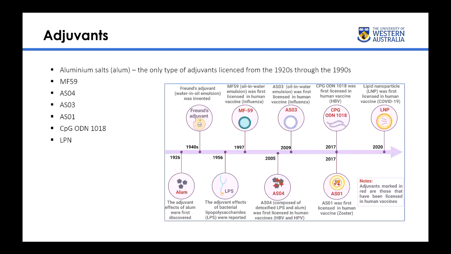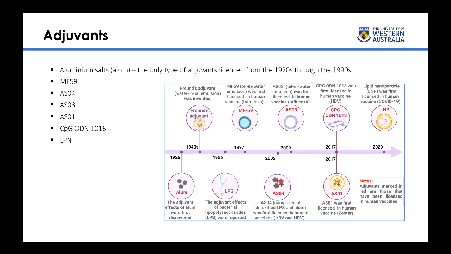In terms of history, aluminum adjuvants were used for more than 80 years. They have a very long history, almost 100 years. They are safe, and there are various different formulations to it. Most vaccines we have today are adjuvanted with different formulations of aluminum salts.